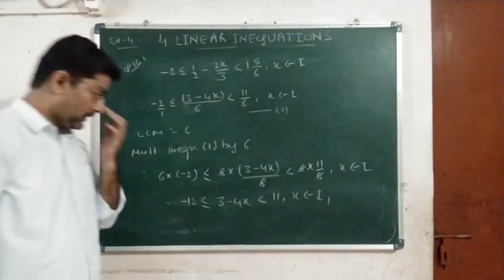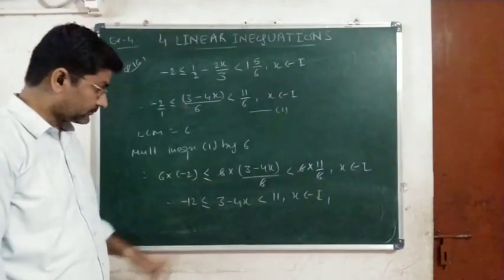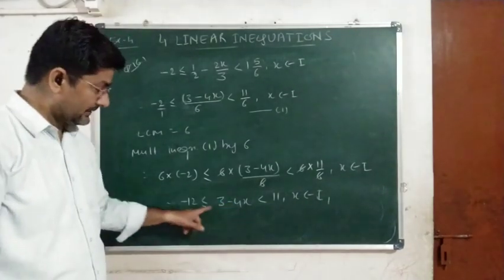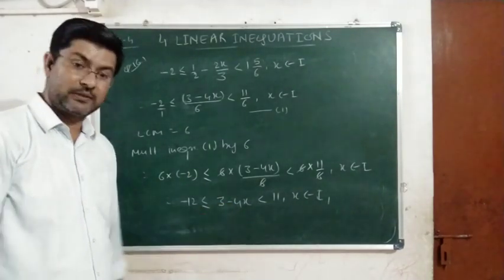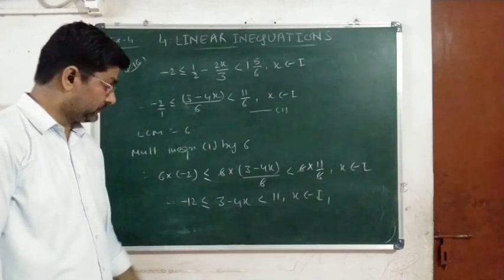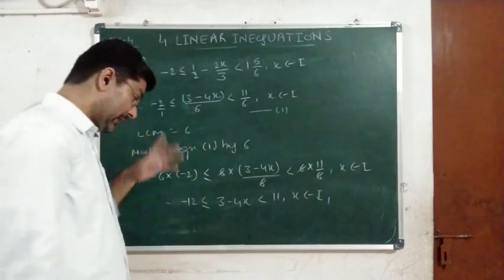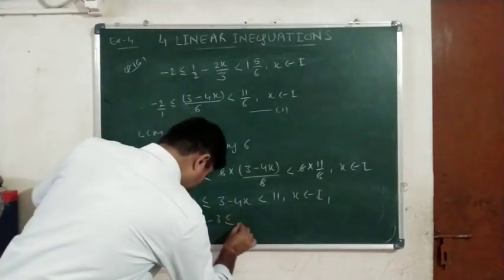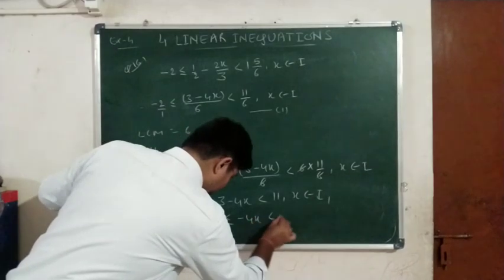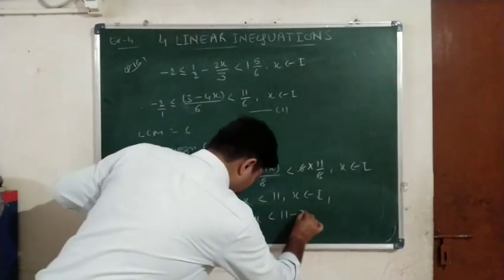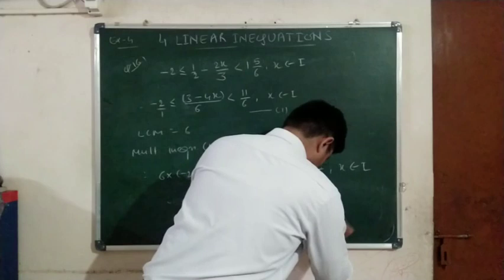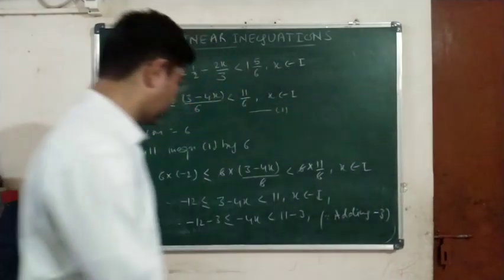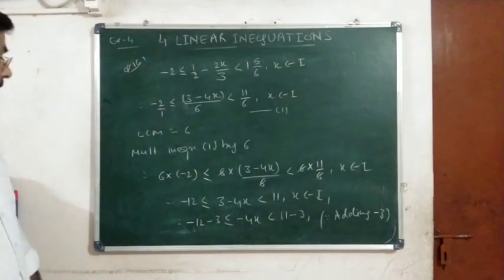Okay, now let us add minus 3 throughout, because we have to make x single, so we will remove the other numbers from the middle term. So first we will remove 3, so we will add minus 3. So minus 12 minus 3 is less than or equal to, here minus 4x is left. Clear? So adding minus 3 throughout the equation.